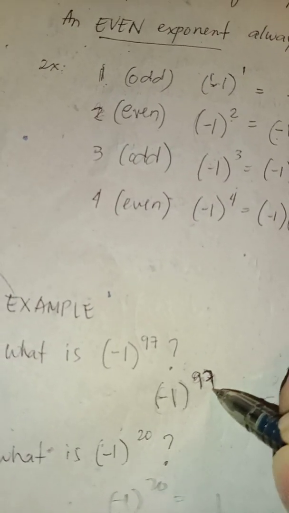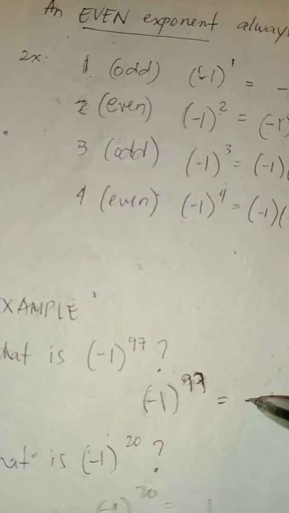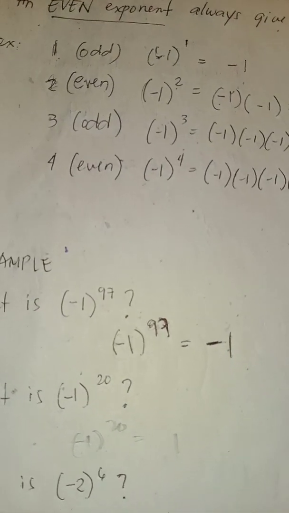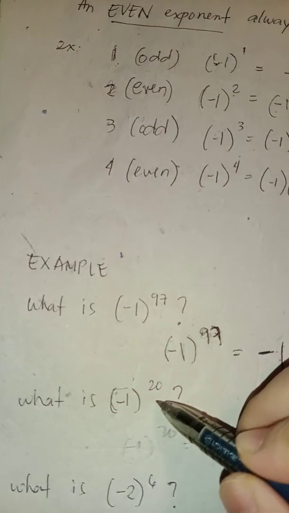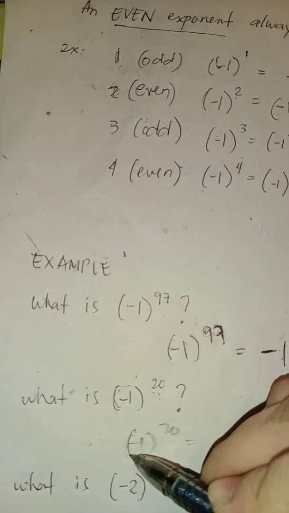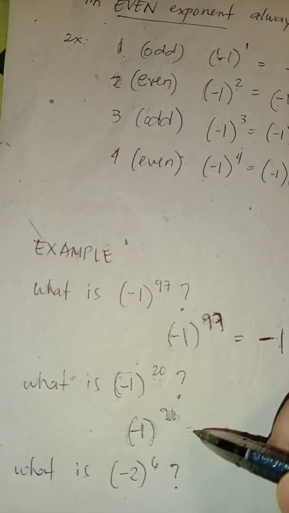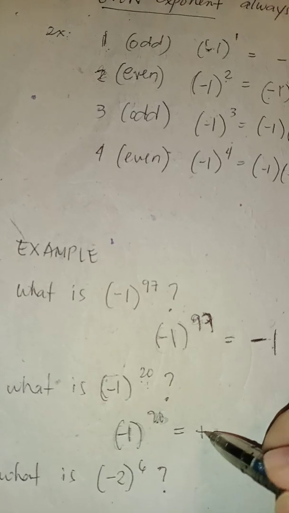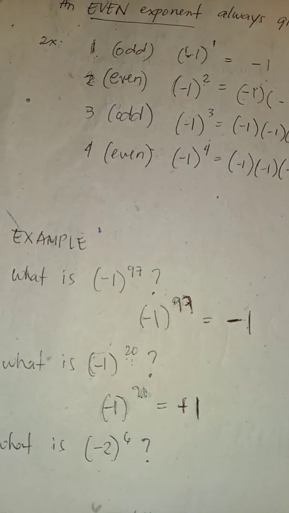Pag odd number, sagot ay negative, so negative 1. What is negative 1 raised to the power of 20? Negative 1 yung base mo, raised to the power of 20. 20 is an even number, so dapat positive yung sagot. Pag even, positive 1.